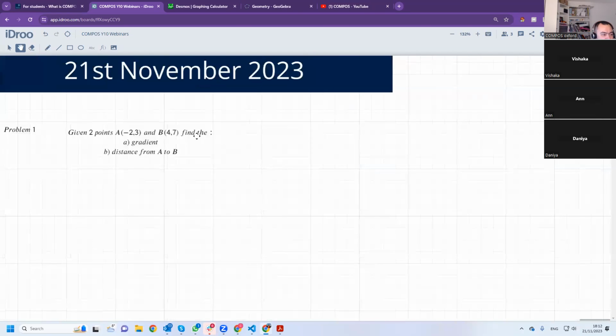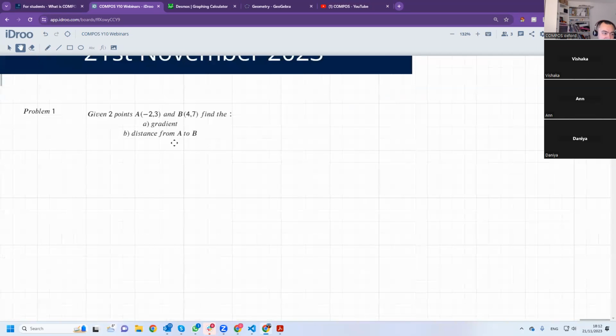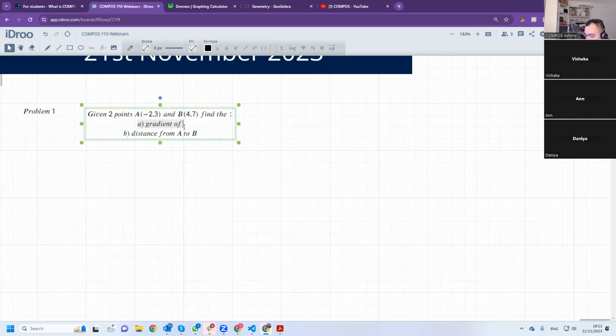Given 2 points, A and B, find the gradient of the line AB, and find the distance from A to B of line AB.